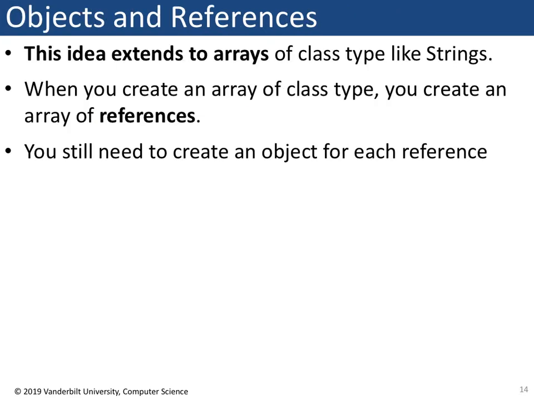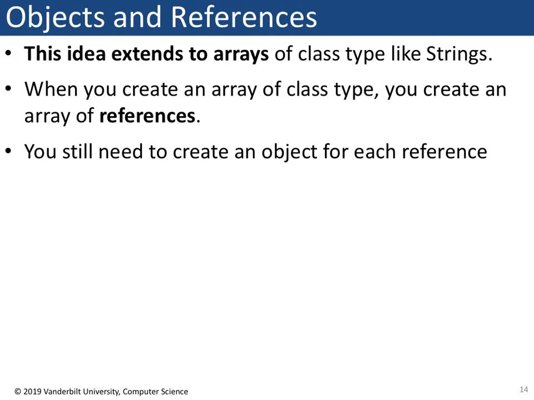So this idea of reference variables extends to arrays of class types like String. So when you create an array of a class type, you're actually creating an array of reference variables. So each element of this array is going to hold a reference to some object.